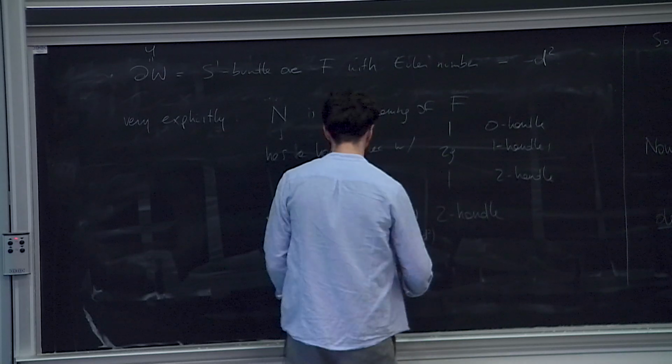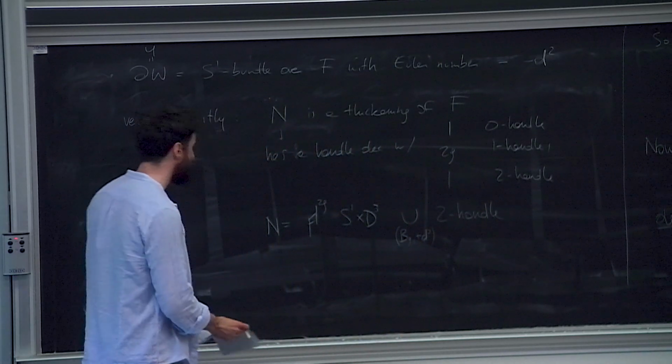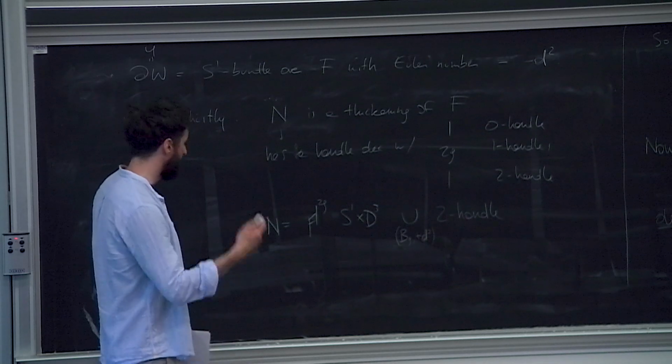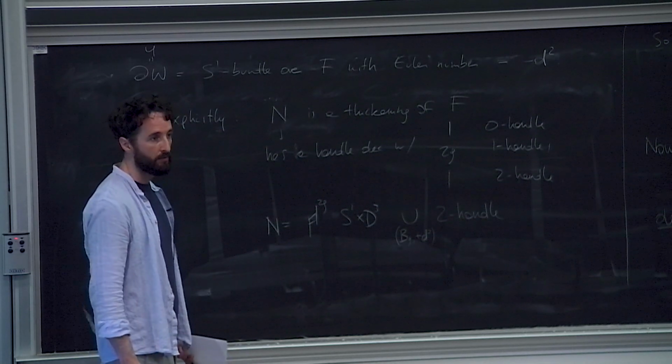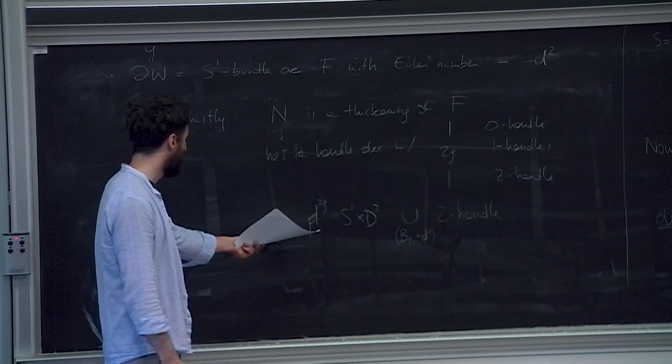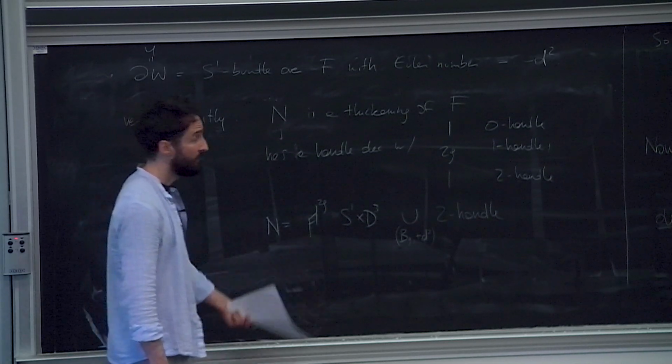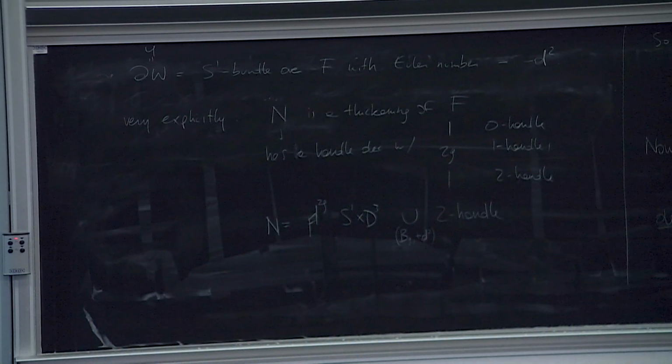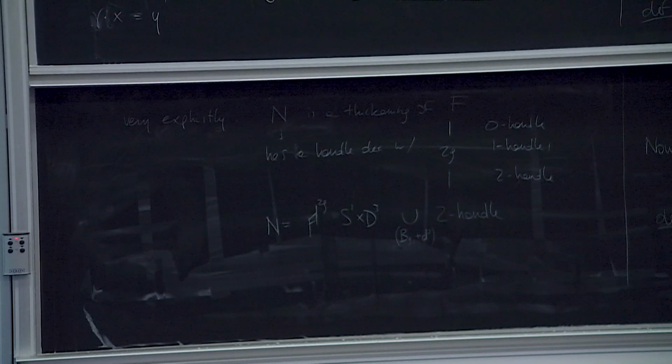And the framing has to be plus d squared, because the framing of the attachment of the 2-handle is the self-intersection of the generator of the second homology of N. And the self-intersection of the second homology of N, since F is in the homology class dH, well, I haven't told you, when I defined CP2, I should have also said that Q of CP2 is equal to plus 1.